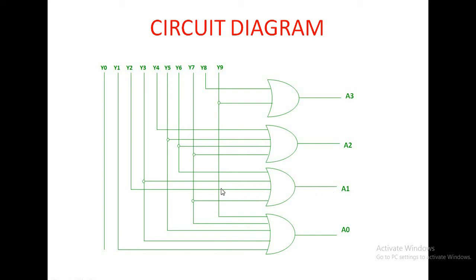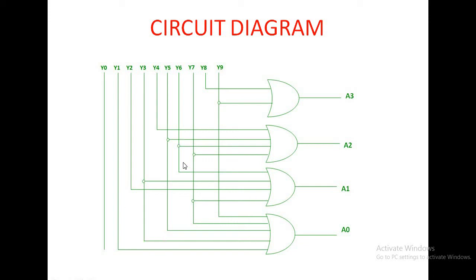A1 is equal to Y2, Y3, Y6, and Y7. This is the OR gate for A1. A0 is equal to Y9, Y7, Y5, Y3, and Y1.